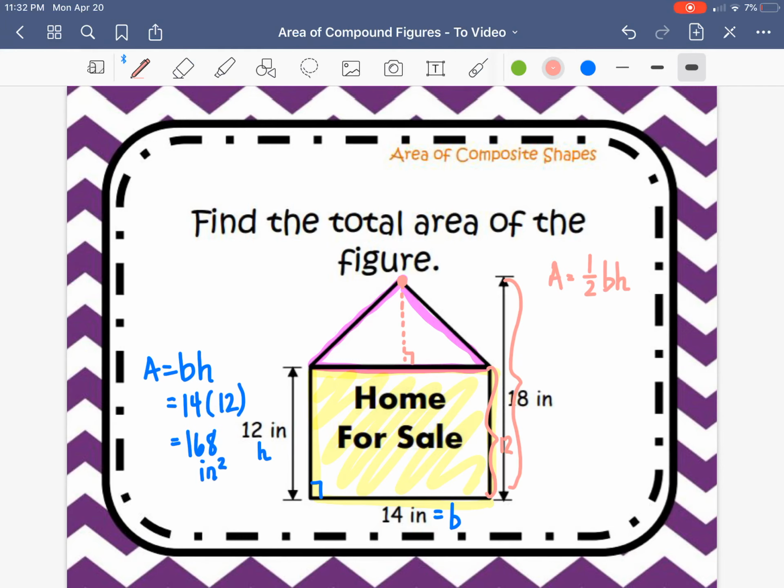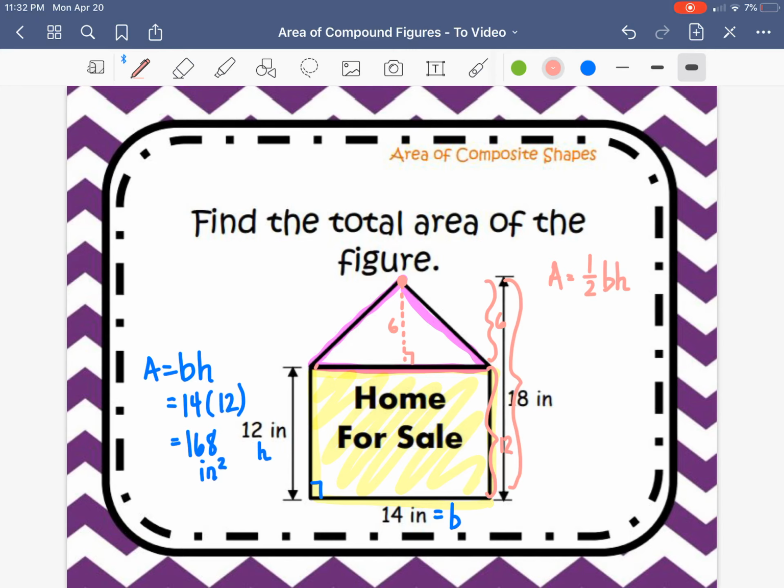So if the whole thing is 18 inches and this piece on the bottom is 12 inches, to find out this dimension, we can do 18 minus 12. 18 minus 12 is 6. So that means the height of the triangle is 6 inches.